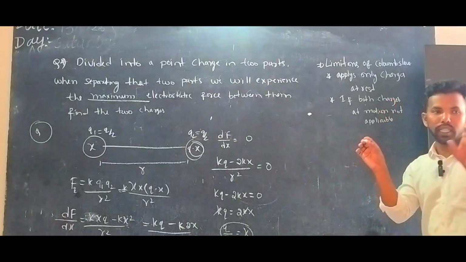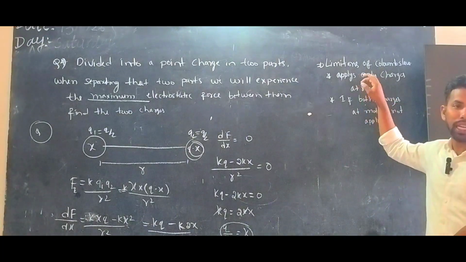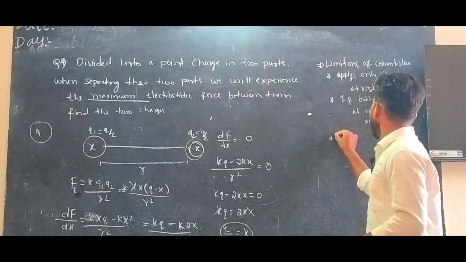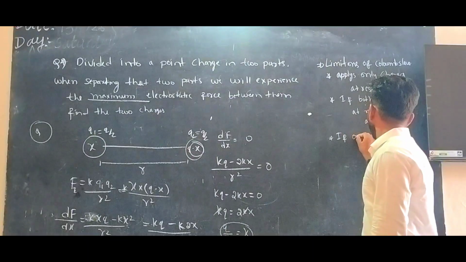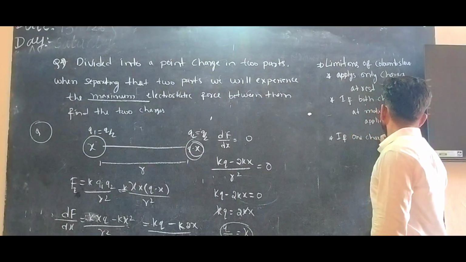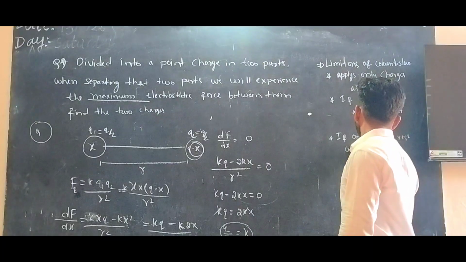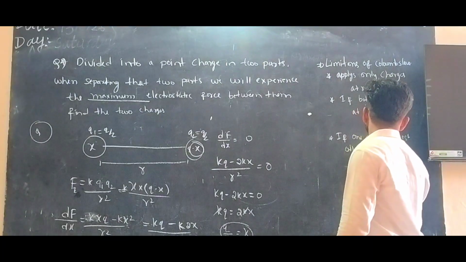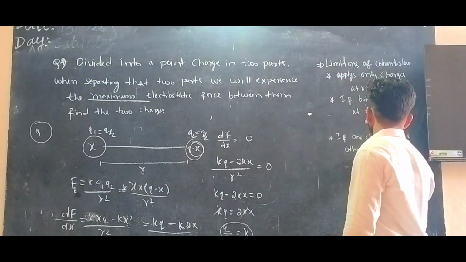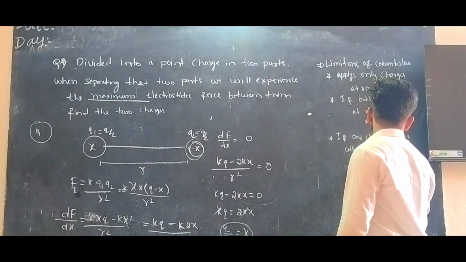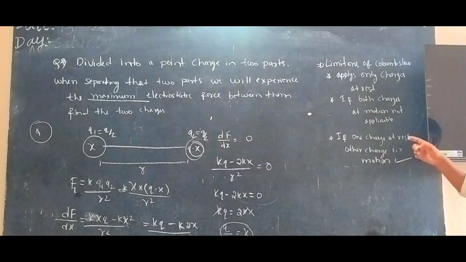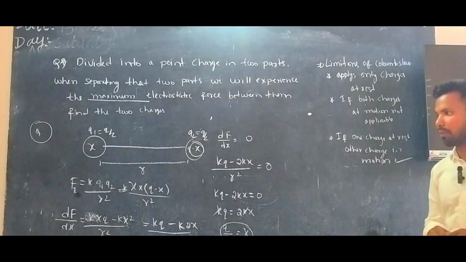If both charges are at rest, it applies. If one charge is at rest and the other charge is in motion, it is applicable. In this case it is applicable. Only if both charges are in motion it is not applicable.